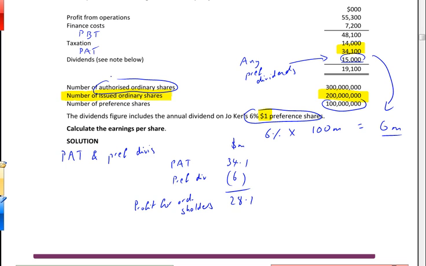The number of issued shares is how many shares has the company actually issued. So if we divide by the number of issued shares, 200 million, that will give us our earnings per share, which is $0.1405 per share, essentially 14 cents per share.